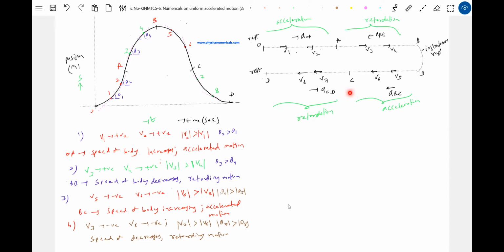So how do we say a body is said to be accelerating? If the speed of the body increases, the body is said to be accelerating.